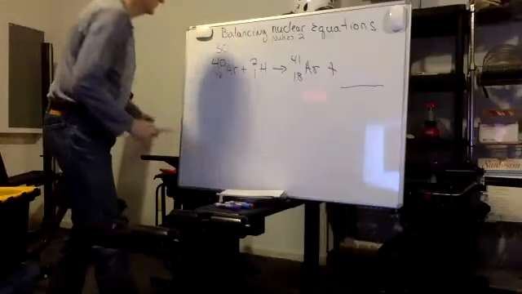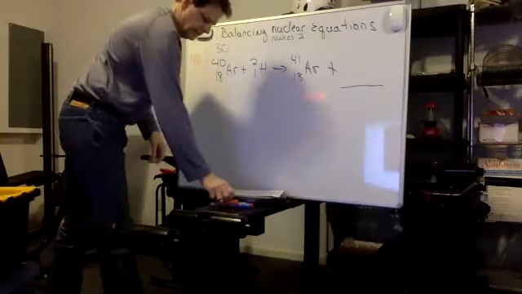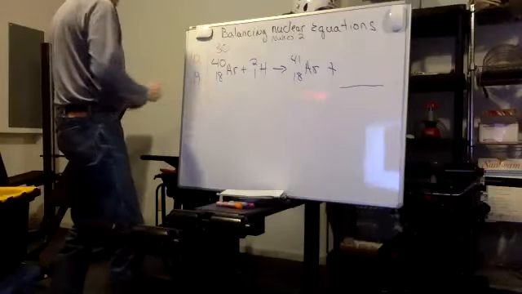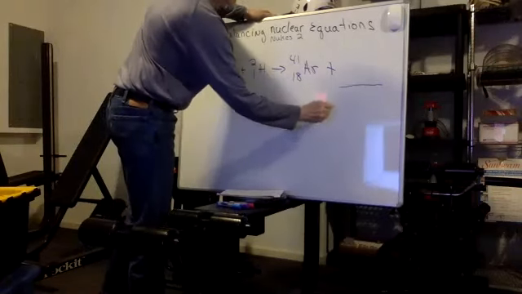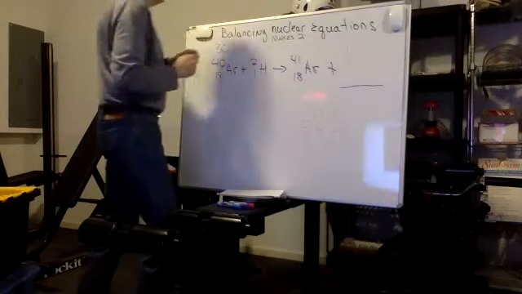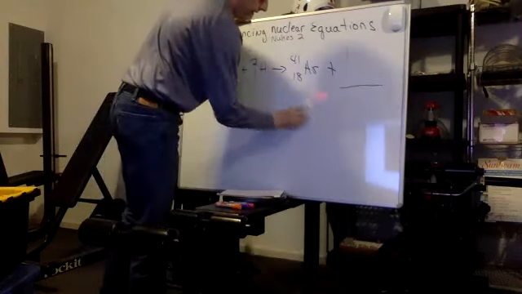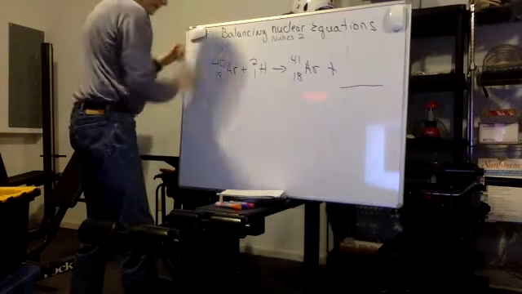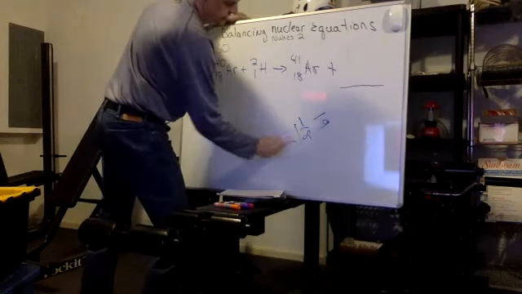So let's take a look at this one. 40, 42 on top. 18 and 1, 19 on the bottom. The top first. 2 plus 40 is 42 on top. 19, I needed it, I erased it. 19 less 18 is going to be 1.